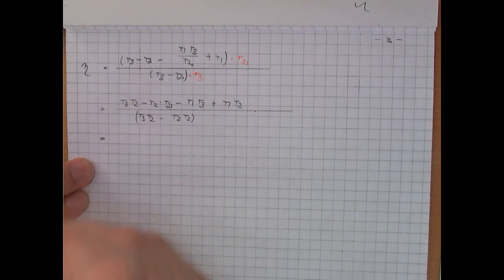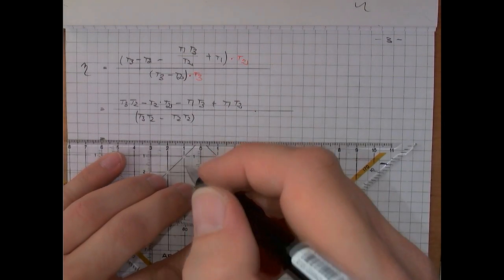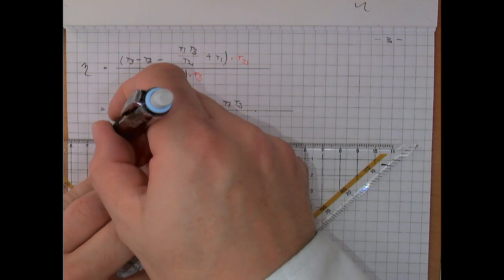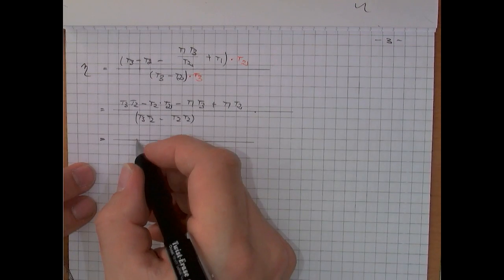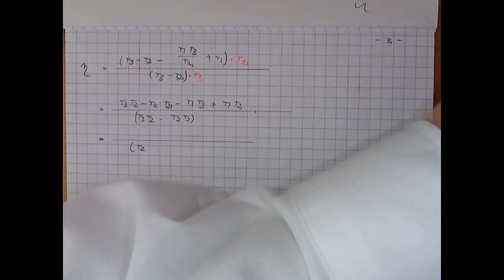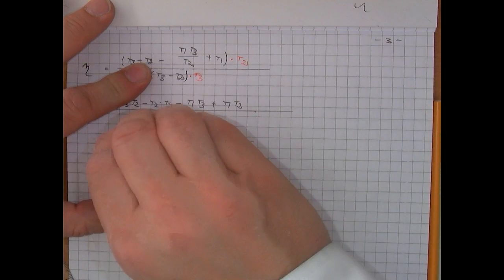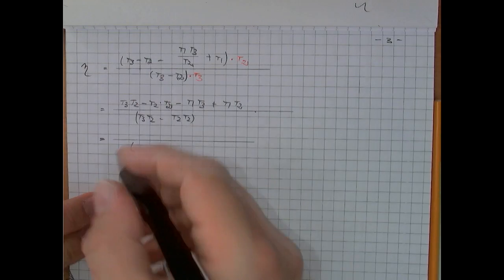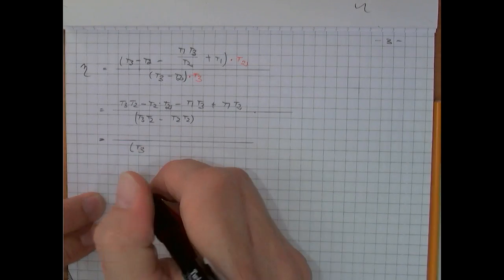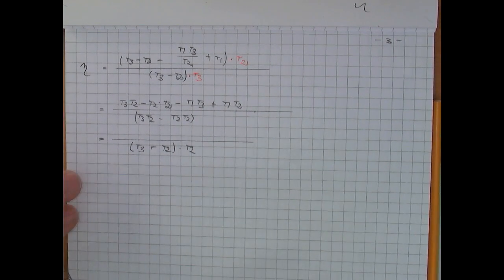So now let's form some ratios here. In the denominator this is T3 minus T2 times T2.